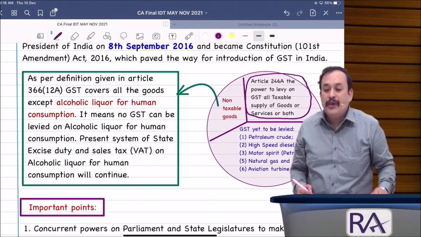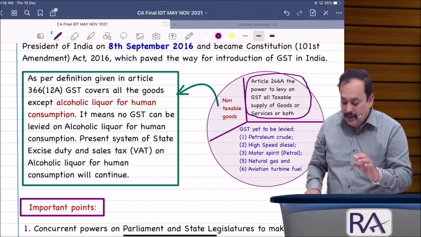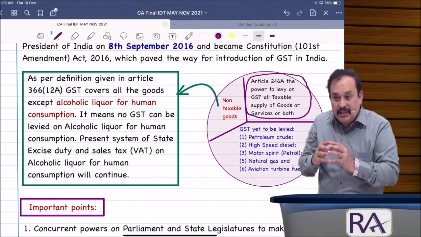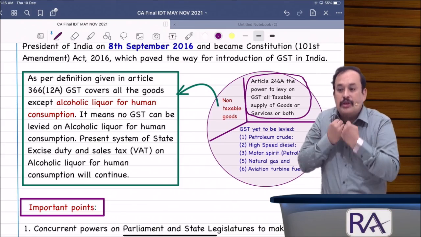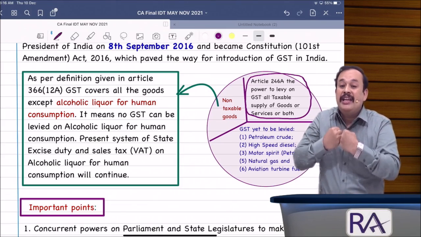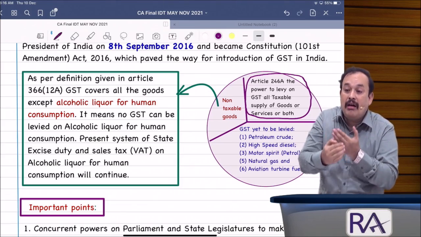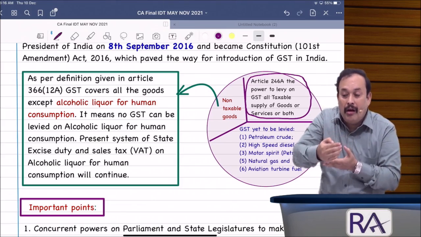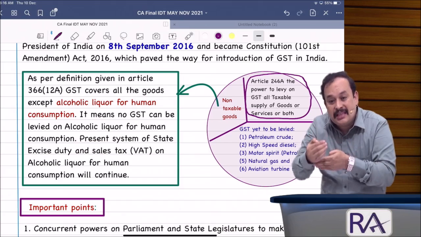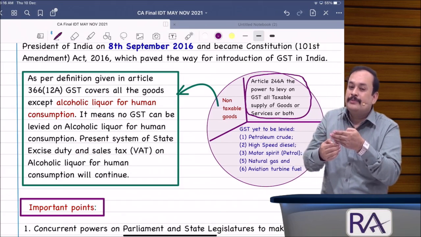Article 246A of the Constitution of India gave the power to the Government of India to levy tax on all supply of goods or on all supply of services or on both.